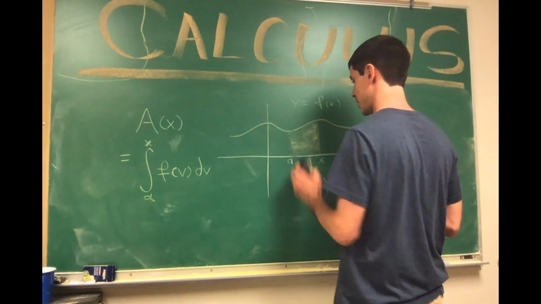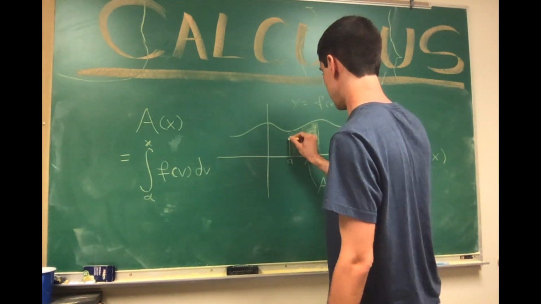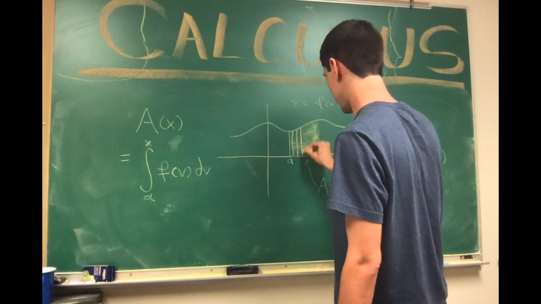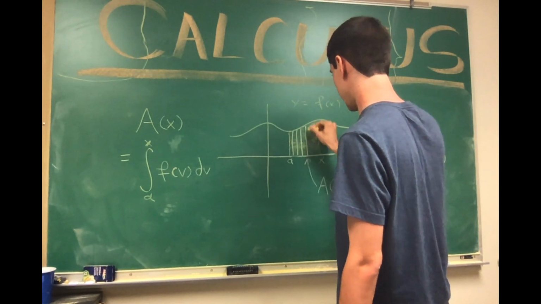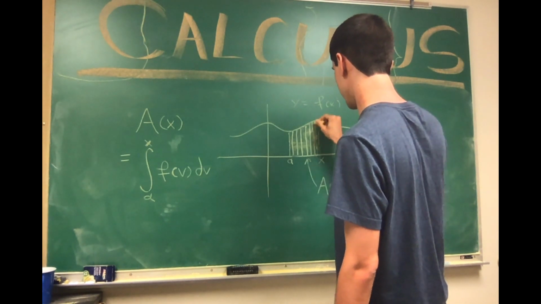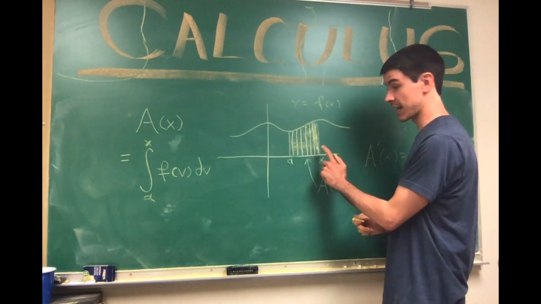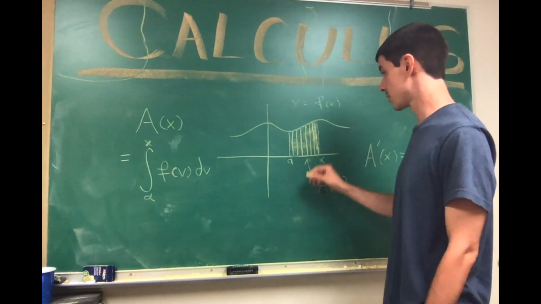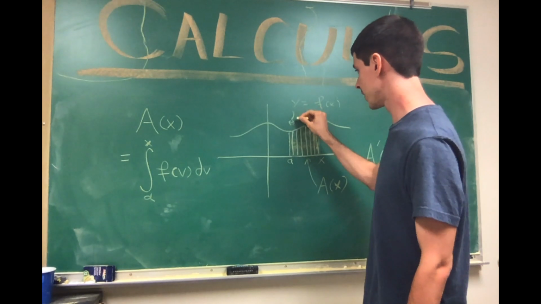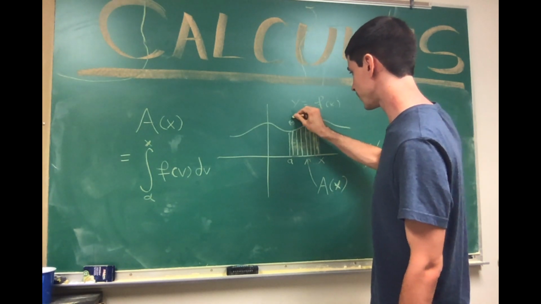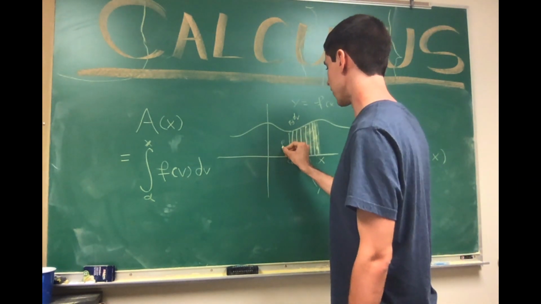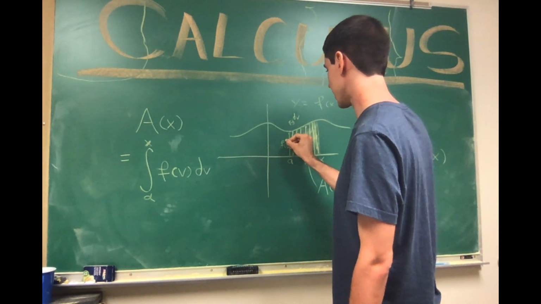So Leibniz imagined the area under the curve being divided into these infinitesimally small rectangles. The infinitesimally small width is dv, the change in v, and the height is f of v.